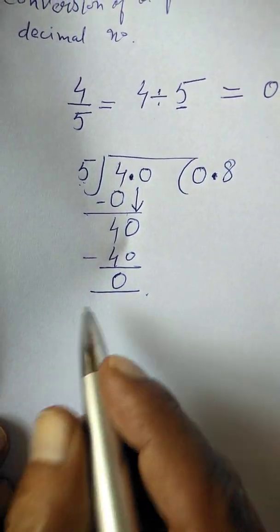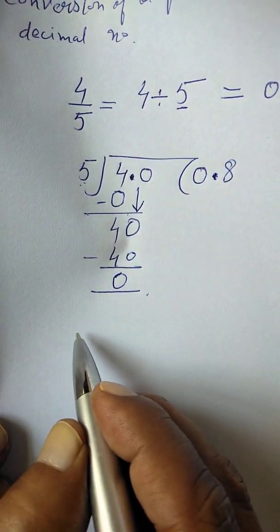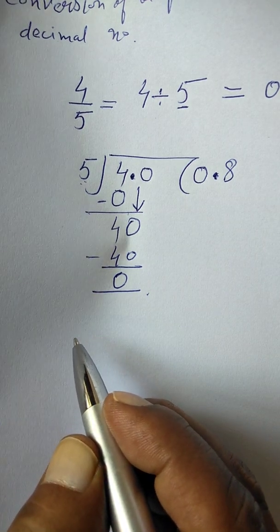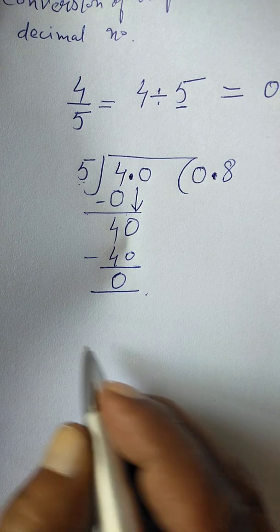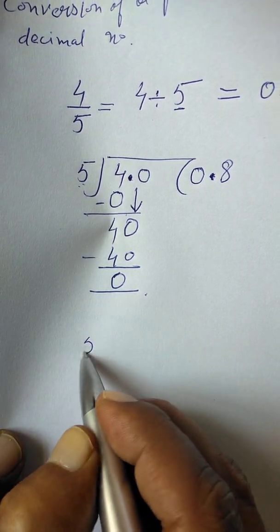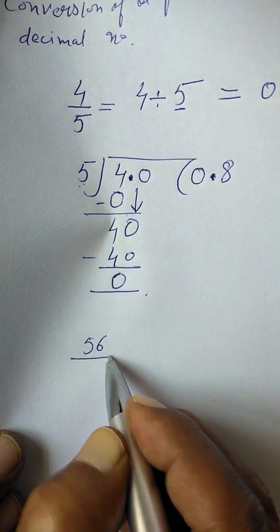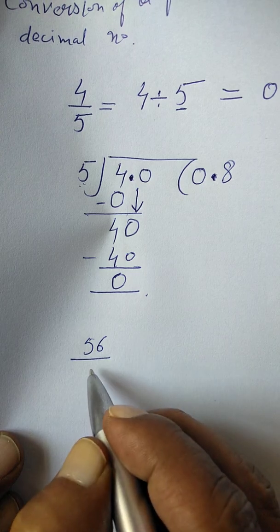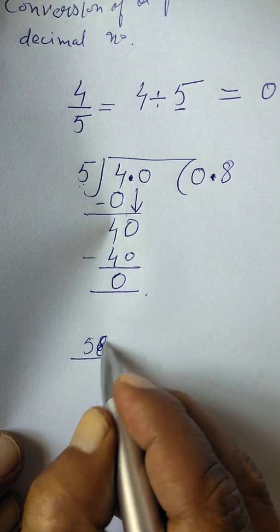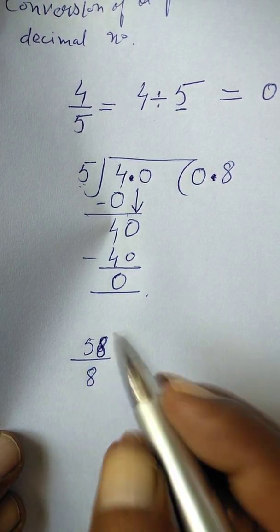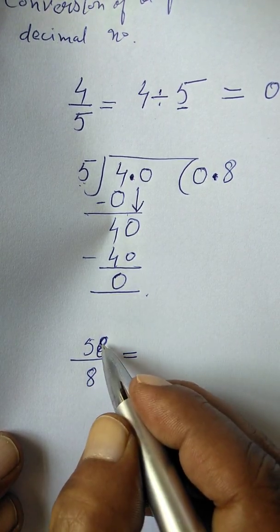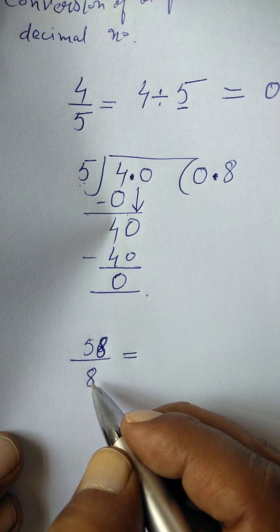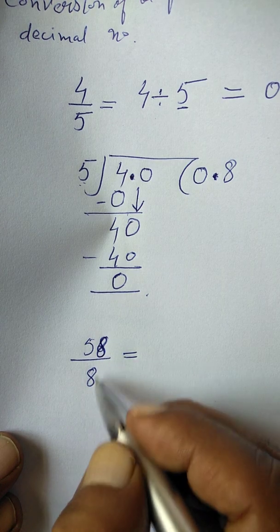Let's suppose I have another number, that is 58 upon 8. So this is the fraction number. I have to convert this fraction number into decimal number. So what's the meaning of 58 upon 8?